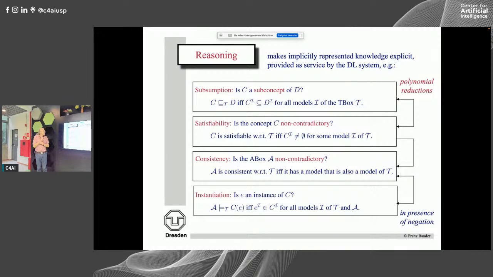It's easy to see that subsumption and satisfiability can be reduced to each other, and also consistency and instantiation, and satisfiability can be reduced to consistency, but in general, not the other way around. For a lot of description logics, you can also do it the other way around, but there are examples where you can't. So this means if you have a logic that has conjunction and negation, then it's enough, for example, to implement a consistency algorithm for A-boxes. Then this solves all the problems.